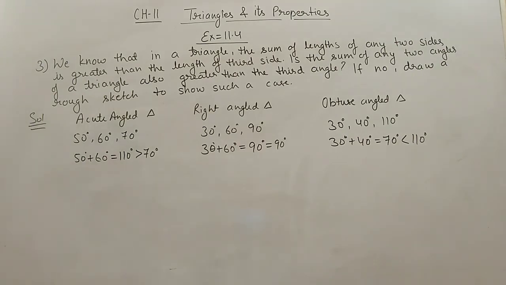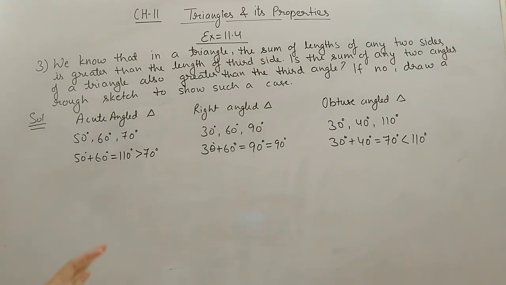If we take an acute angle triangle, all three angles should be acute, less than 90 degrees. In the first case you can see 50 plus 60 is 110, which is greater than the third angle. Second case, a right angle triangle, 30, 60 and 90.